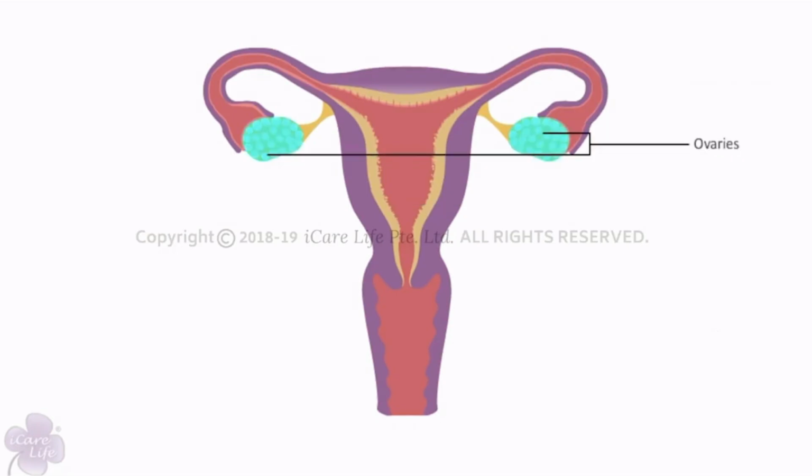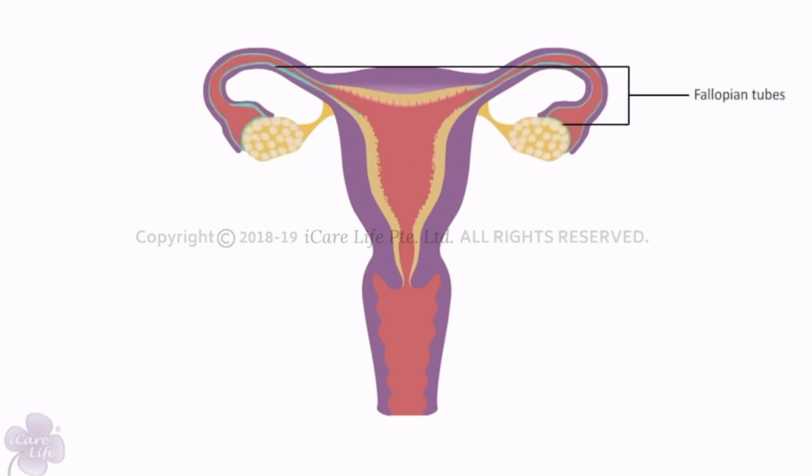The two ovaries are small, oval glands located on either side of the body. The ovaries produce ovum. The fallopian tubes are two narrow tubes attached to the ovaries on one side and the uterus on the other. These tubes provide the site for fertilization.